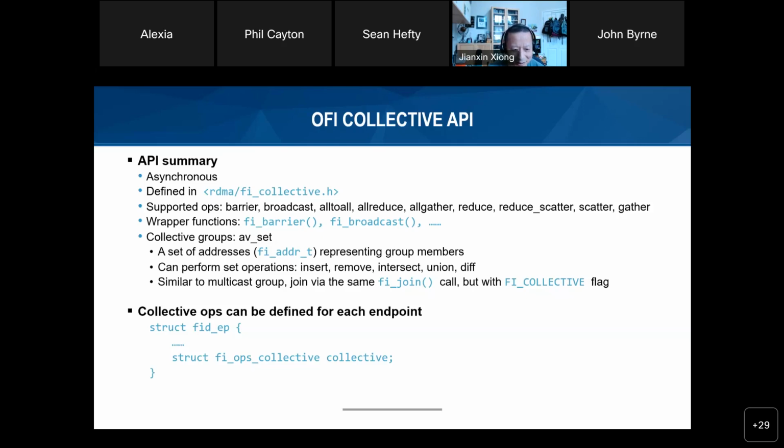You add all the destinations into the address vector, and then you can create a collective group from that address vector by passing certain parameters: the starting member in that address vector, the stride, and the count of the group. Just like how you create a communicator in MPI.